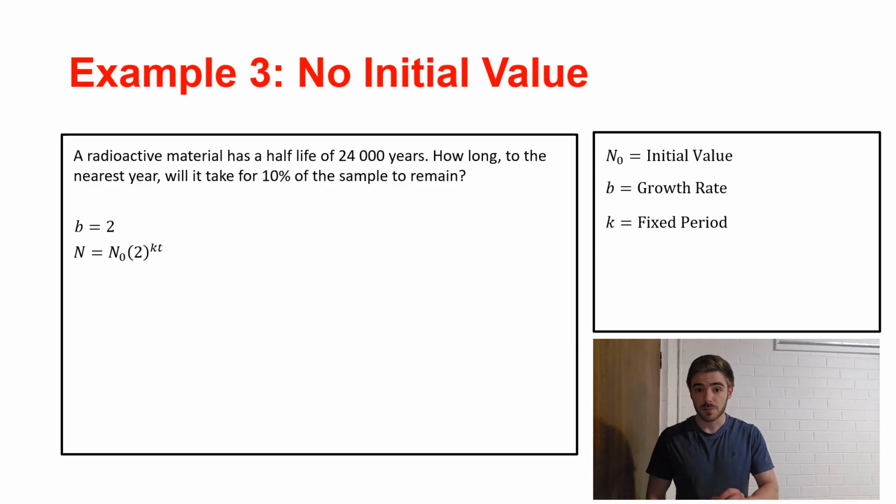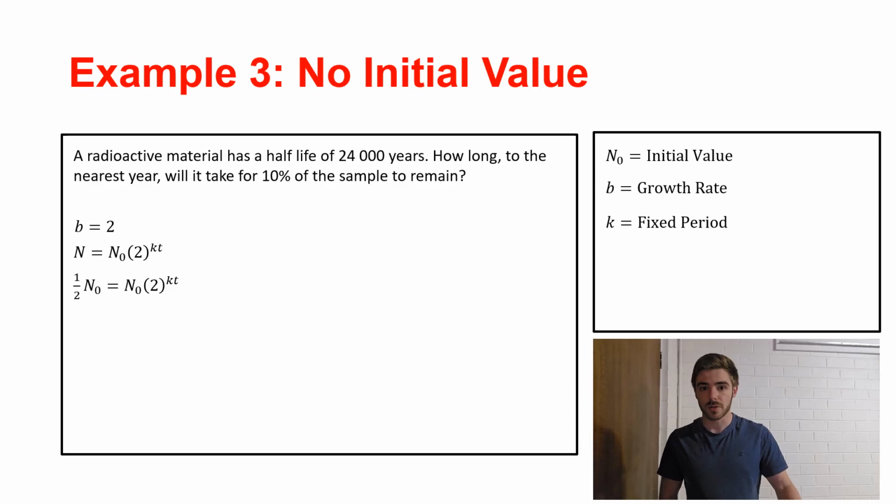And to do that, we're going to replace n, our final value, with half of n naught, because that's what it is. Doesn't matter what n naught was, we know that the final result is going to be half of whatever it was before. And when you look at this equation, you'll see that you have n naught on both sides. Those cancel out if you divide both sides by n naught. And just like that, you don't have to worry about what that initial mass was.